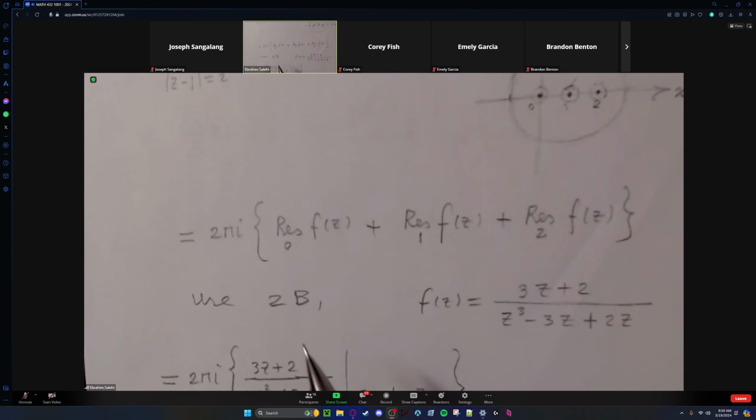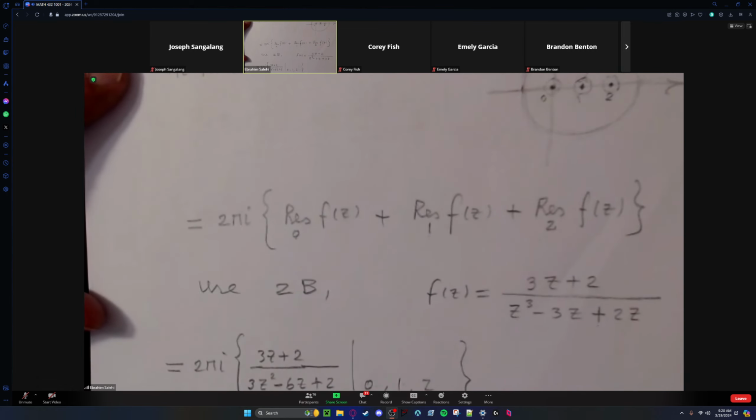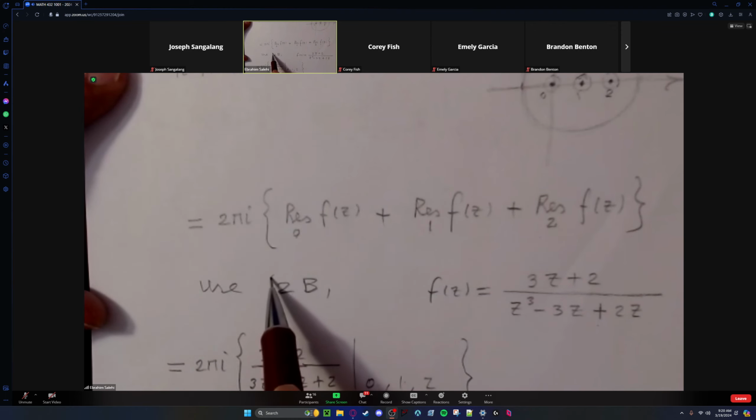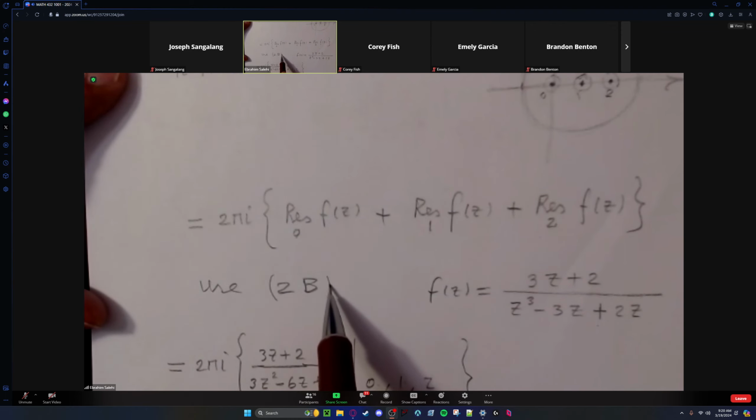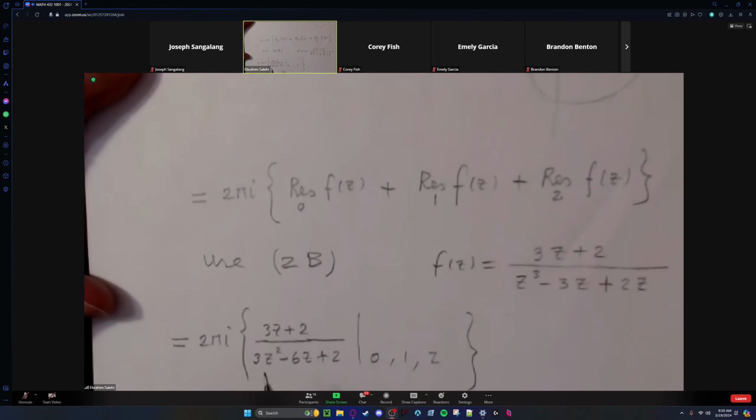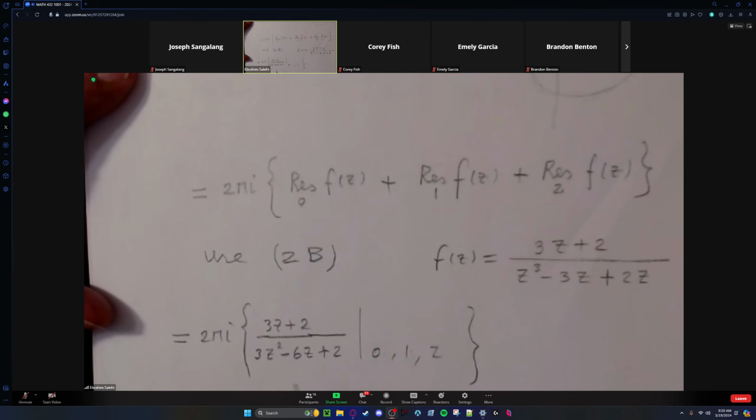But thank God, all three of them are simple poles. Right? The degree is 1, a simple pole. When it is a simple pole, I can use that technique 2b, which is numerator divided by derivative of denominator.